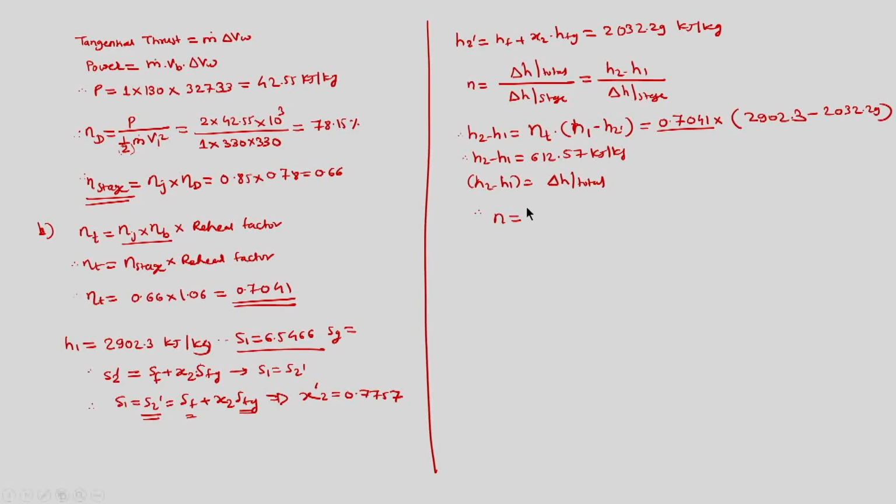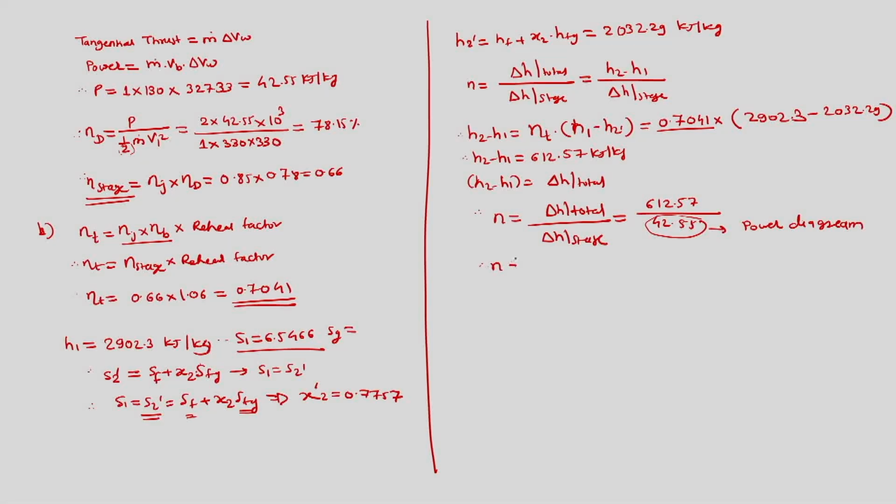So we have the number of stages n is equal to delta H total divided by delta H stage, and delta H total is 612.57 and delta H stage is 42.55, which is basically the power of the diagram.